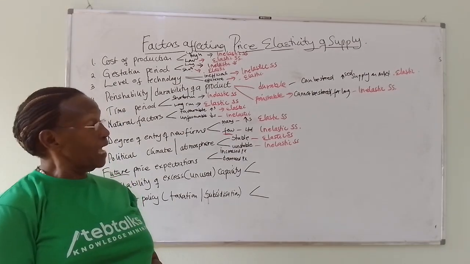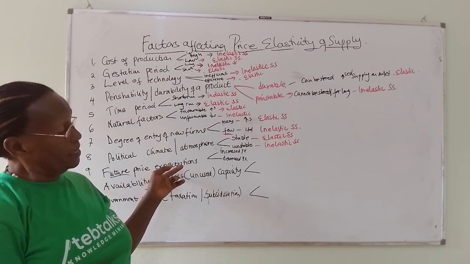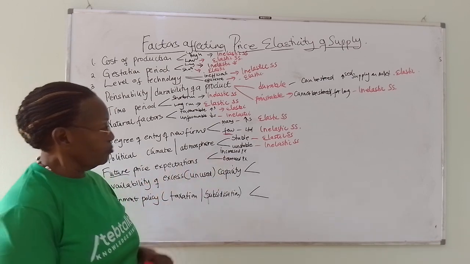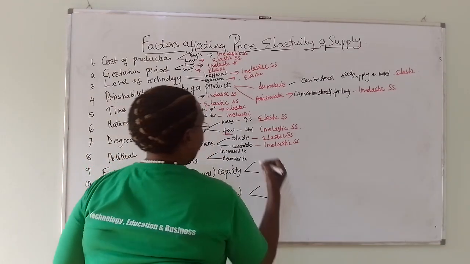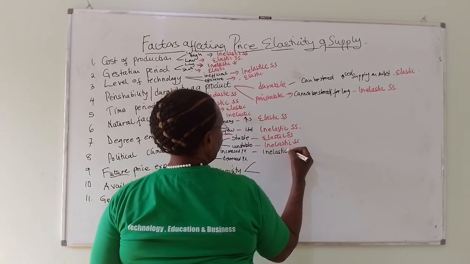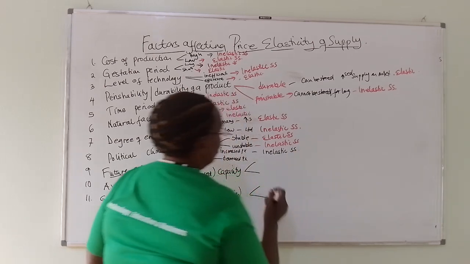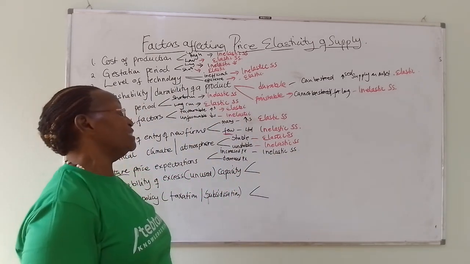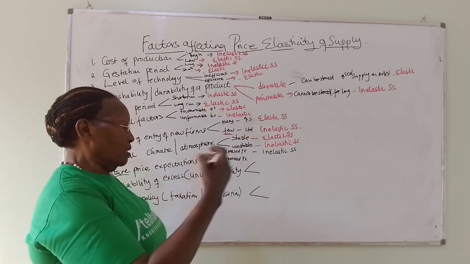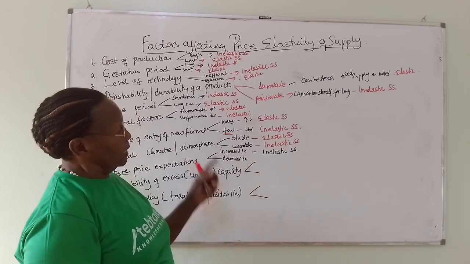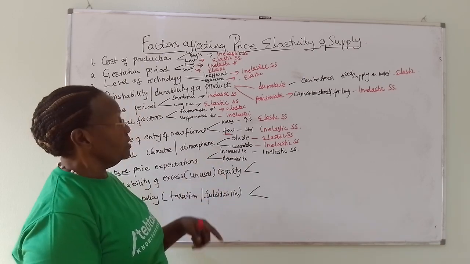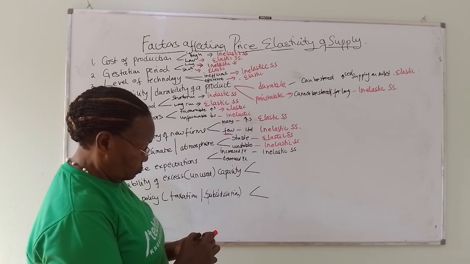You will wait for that time in the future when the price is high and then increase supply. So when the expectation is an increased price in the future, this reduces supply and makes it inelastic. So the supply of that good, which is expected to increase in price, will be inelastic at the current time, because people are waiting for the future when the price will be high, and they respond to the low price by not supplying, hence making it inelastic.